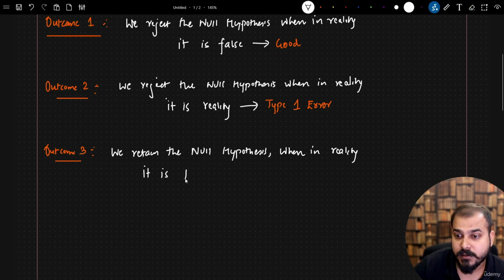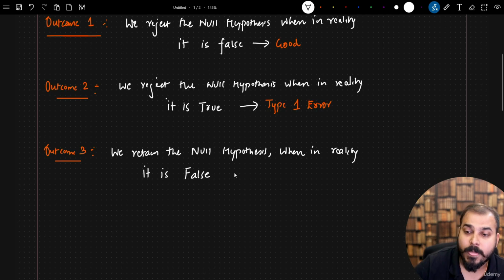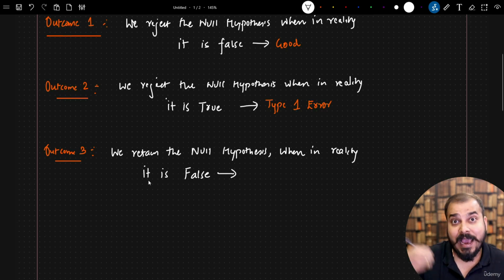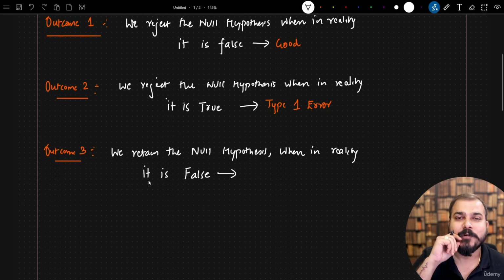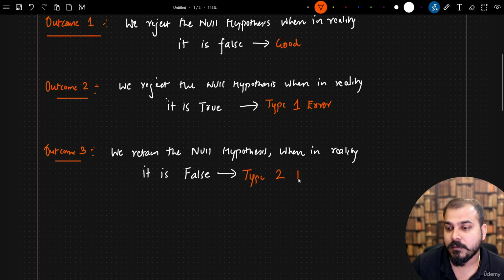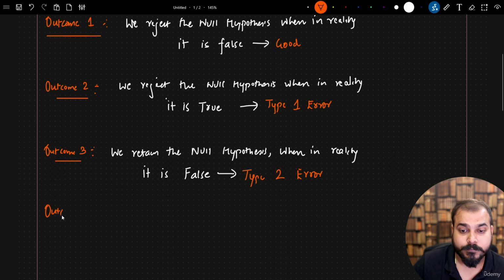Here I wrote when it is true, but it had to be false. In this scenario, we retain the null hypothesis when in reality it is false. So in reality it is false, but from our hypothesis testing, we are saying let's accept the null hypothesis. Then this is also an error. This specific error, we call a type 2 error. Now coming to outcome 4.